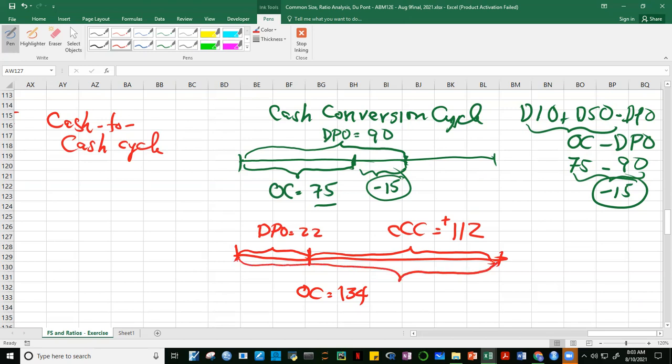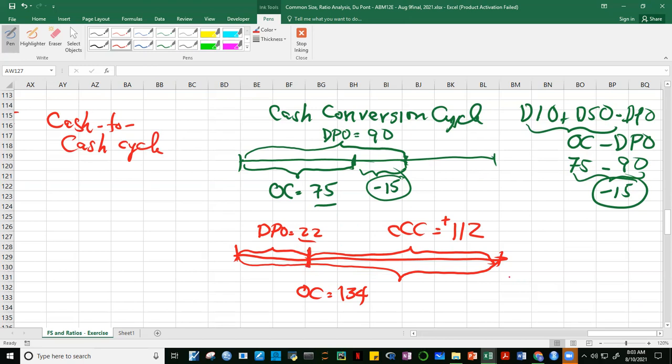Pardon the disproportionality of the drawing. So 134 yung operating cycle natin. 22 days yung days payable outstanding. We have a cash conversion cycle equal to 112. Ano implication yan? Ang ibig sabihin yan, guys, kailangan magbayad na natin dito.